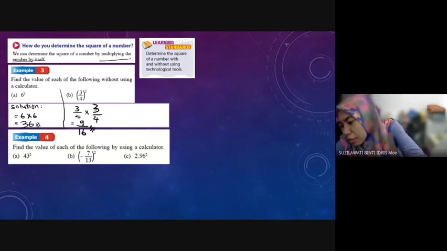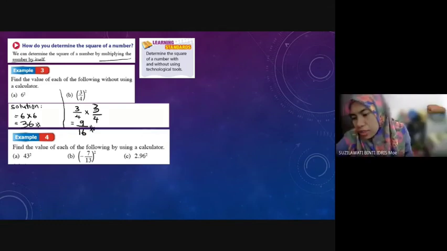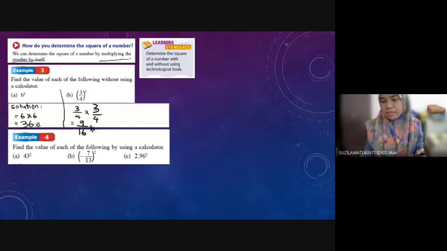Kamu kena cakap. Baru cikgu nampak. Cikgu tak boleh tengok kamu lah. Cikgu punya screen ni memang share full screen. So cikgu tak nampak kamu. Okay. Tak apalah cikgu tunjuk lah.